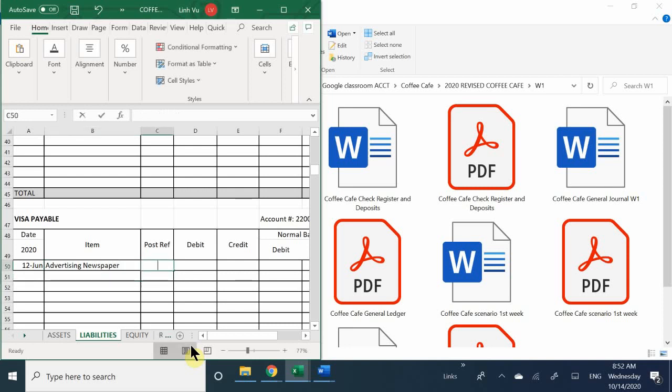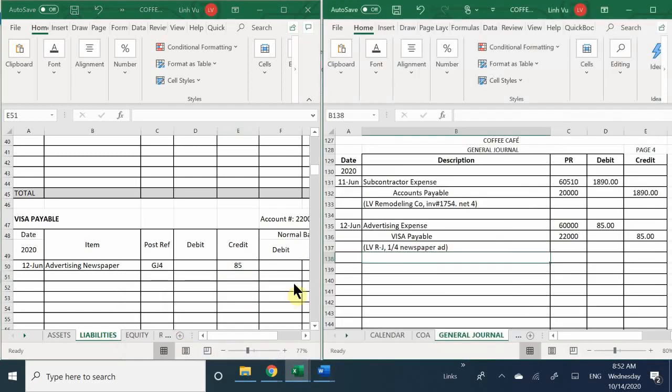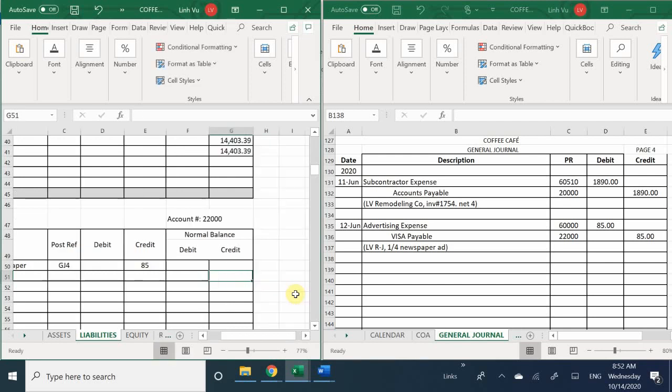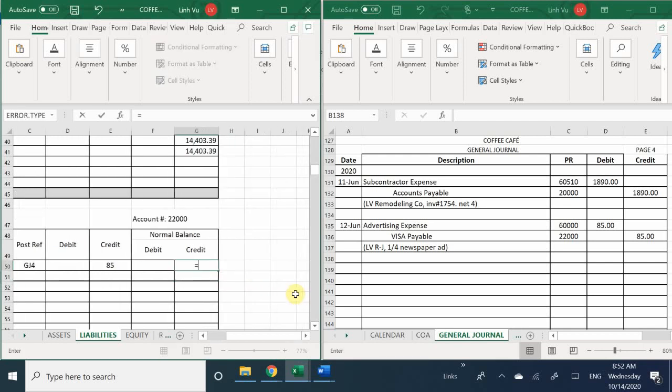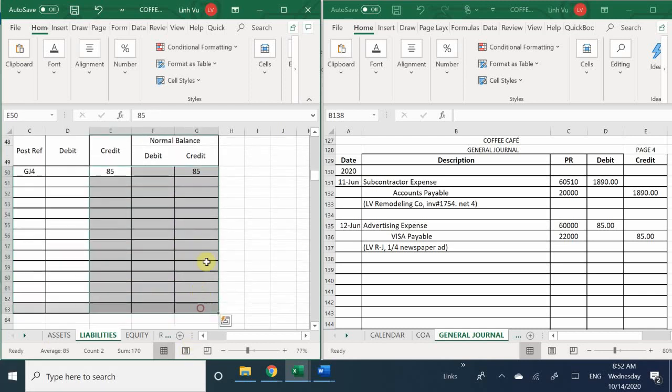General Journal number 4, and we're going to credit our account for $85, since that is exactly what we charged our credit card for. And because this is our very first running balance here, we're going to start off with 85.